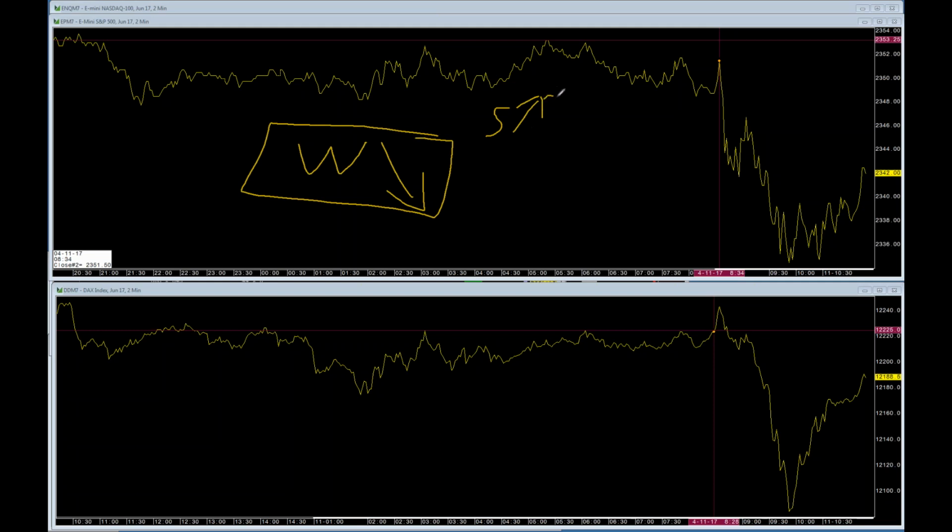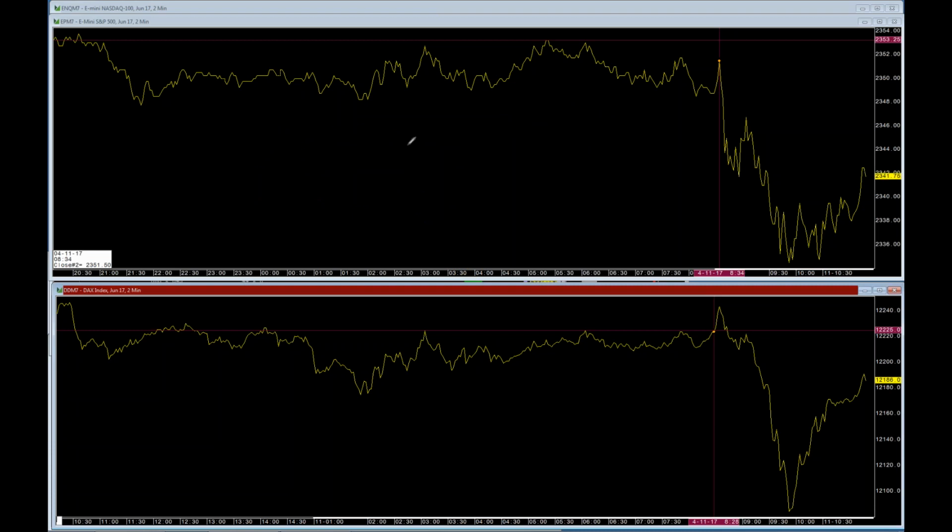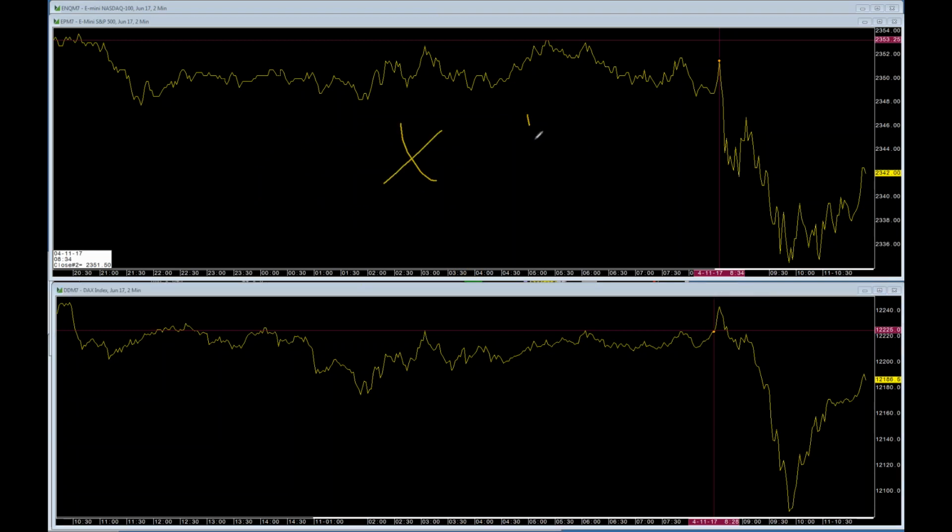But when the strong one starts to curl over and get hit, it should be an easier path below for the ones who want to go down anyways. But without comparing these two, if you just looked at this chart up here of the ES, it's tougher to say that it's weak or weaker. But that's not hard to say when you're comparing it to something else.